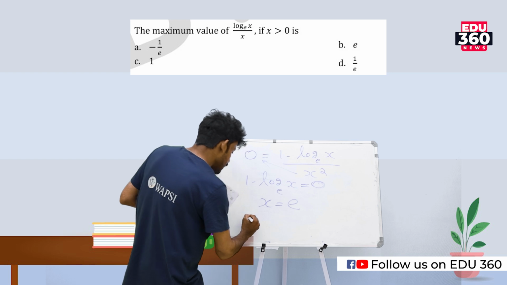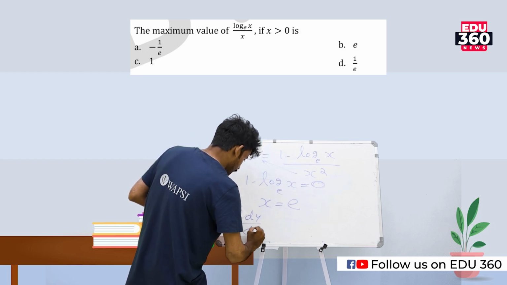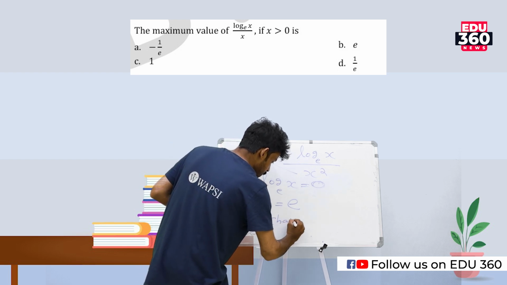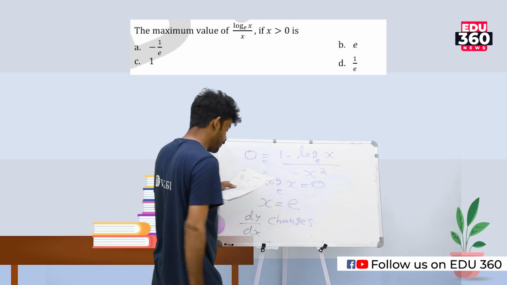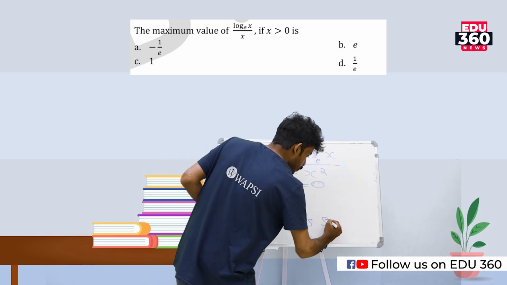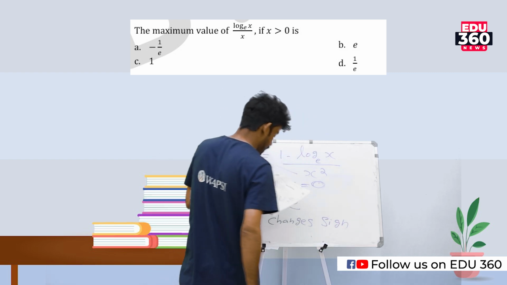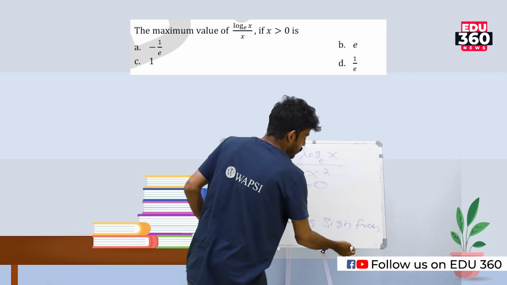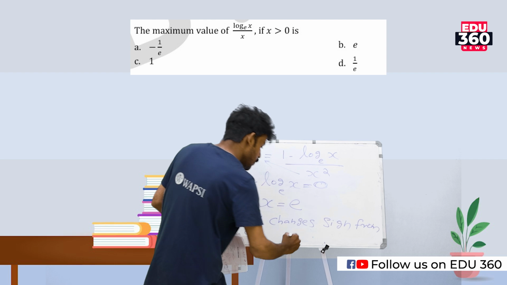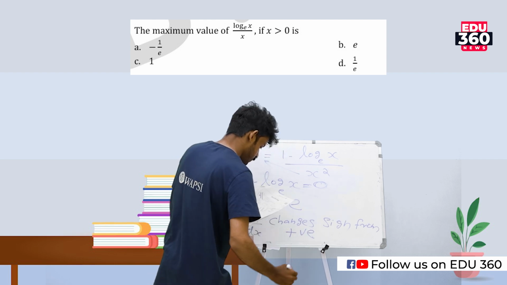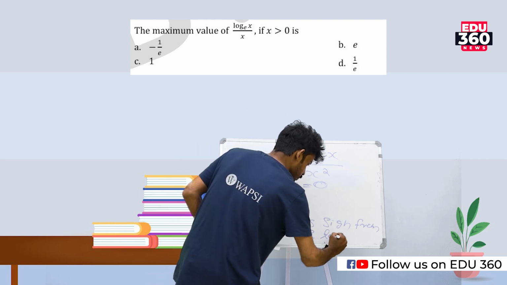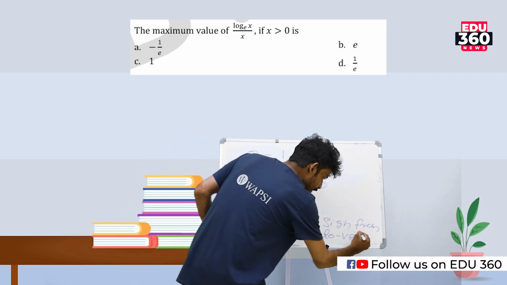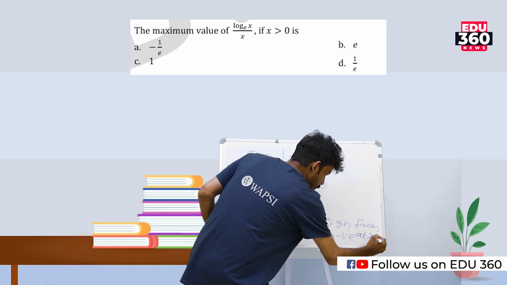So dy by dx changes the sign from positive to negative at x is equal to e.